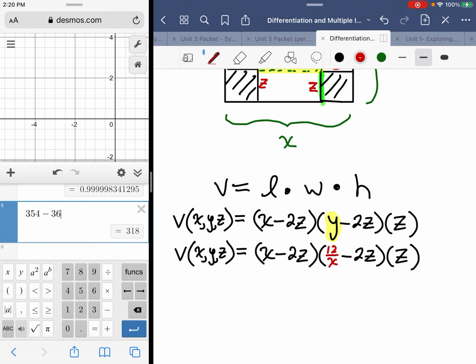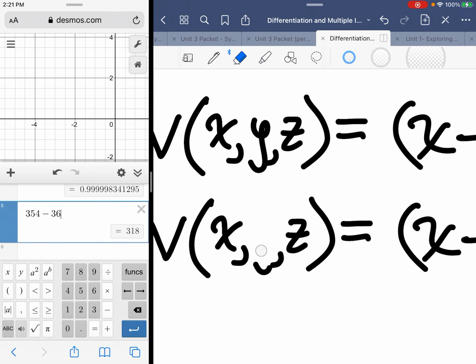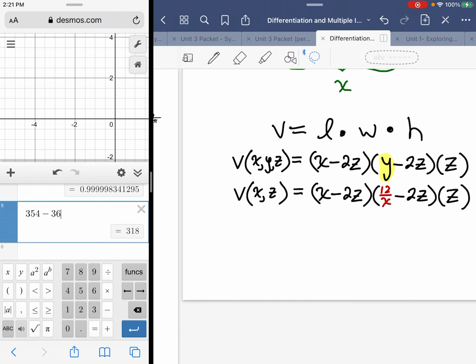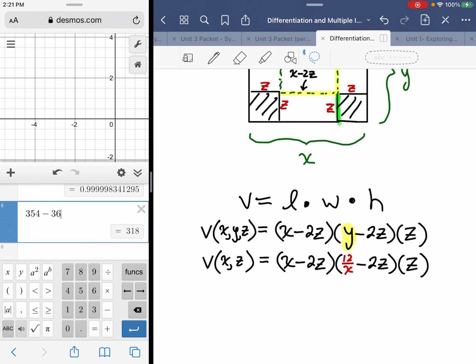All right, so now it's a function of 2 variables, so I can chop out that little y there, get rid of that, and now it's a function of x and z. A little bit easier. Not like a bazillion times easier, but easier nonetheless.